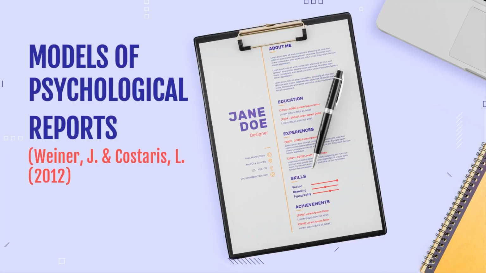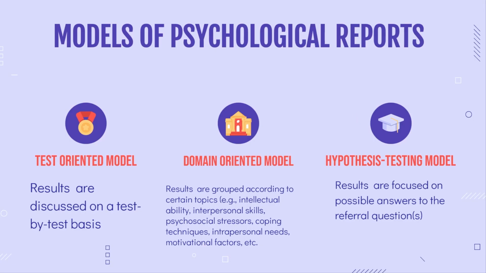So, what are the different models of psych reports? This is by Weiner and Costares. There are three. The first one is the test-oriented model, where results are discussed on a test-to-test basis.